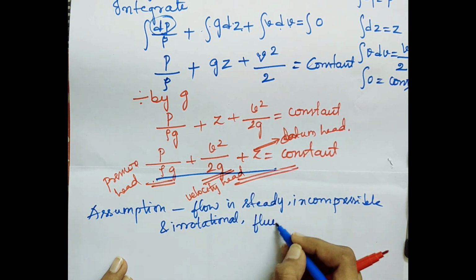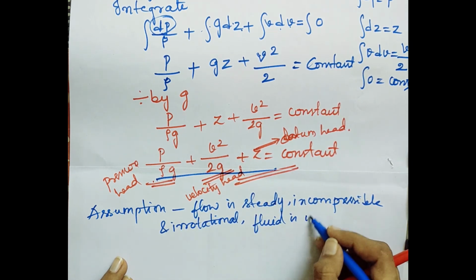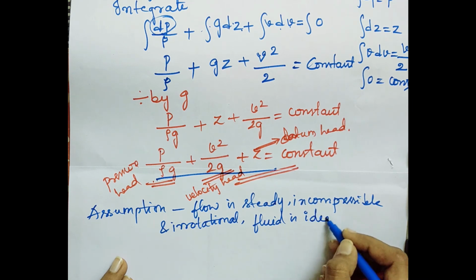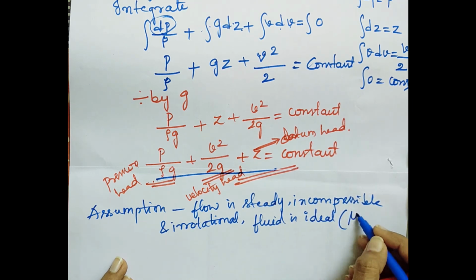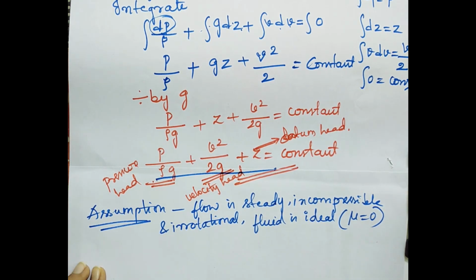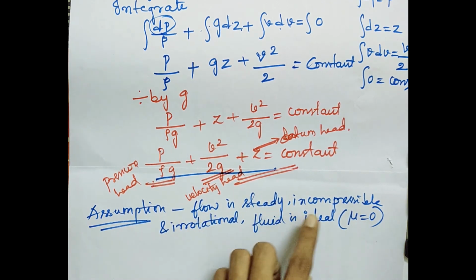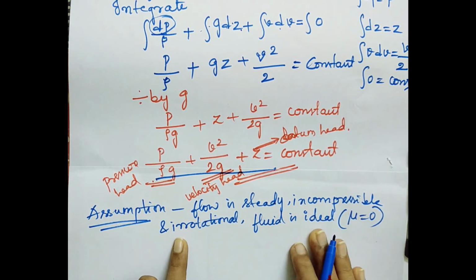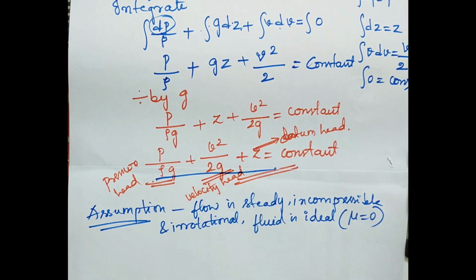And fluid is assumed to be ideal, which is nothing but the viscosity is 0. So these are the assumptions which are made to derive this Bernoulli's equation. One is flow is assumed to be steady, incompressible, irrotational, and fluid is considered to be an ideal fluid.